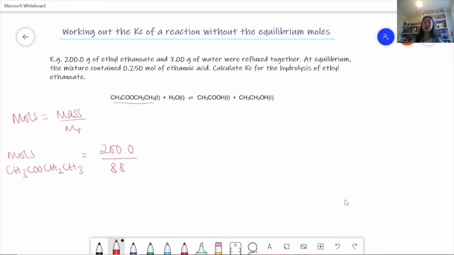So we've got 12 for carbon, 1 for hydrogen, 16 for the oxygens, and that comes out to be 2.27 moles.